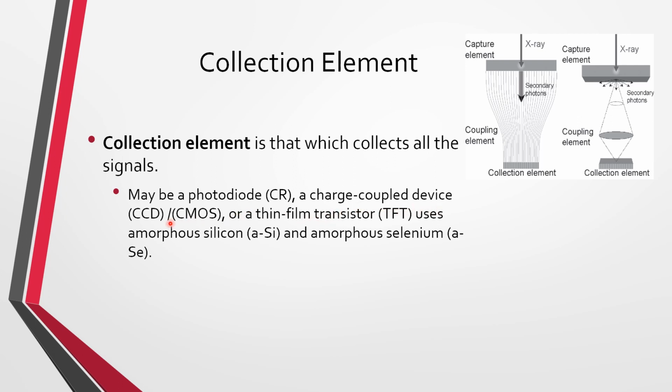Charge coupled device, which would be CCD. It could be CMOS, which are two different technologies, or a thin film transistor, which is called TFT. And this uses amorphous silicon, and it should be amorphous selenium. Okay, amorphous selenium.